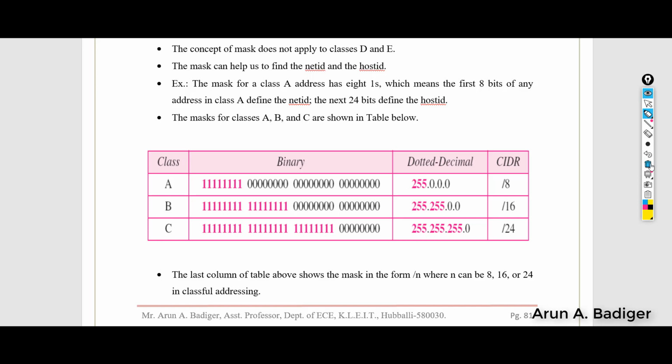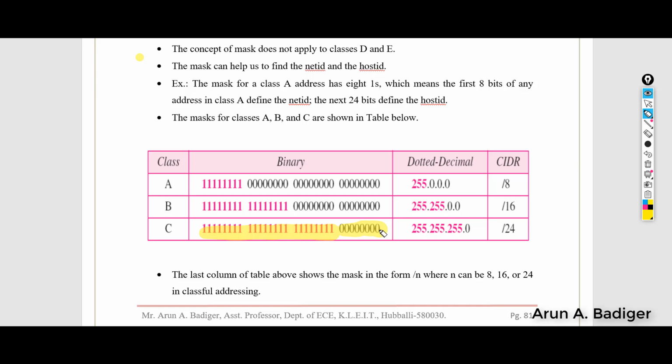When we come to class C, it has a huge number of networks. Class C has 24 bits of network ID, whereas it has only 8 bits of host ID.